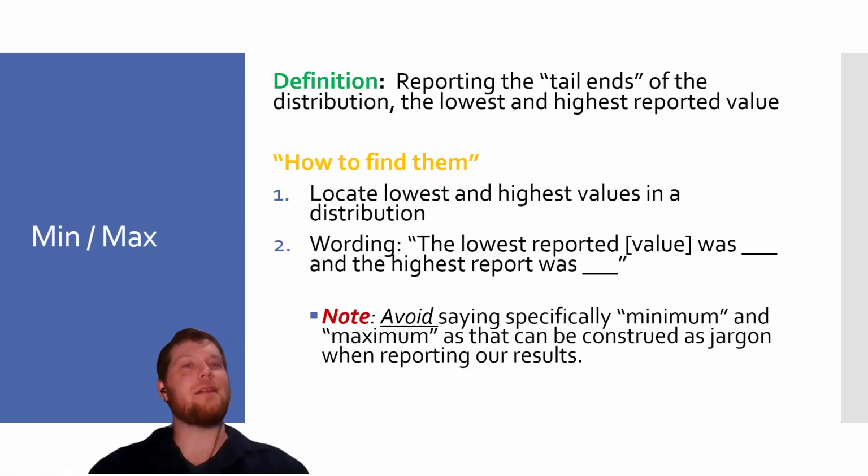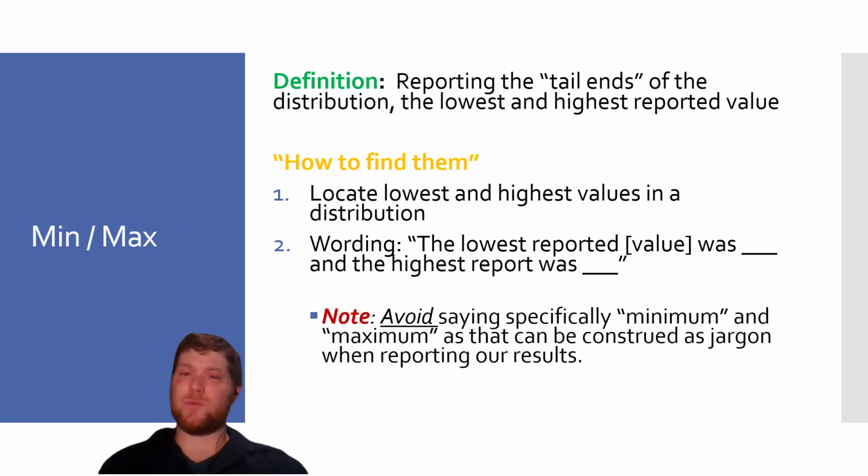Now, reporting the tail ends of the distribution, the lowest and the highest reported values, these are the minimum and the maximum. Usually, the lowest reported value is blank, the highest reported value is blank. I typically urge you all, pull out your thesaurus, pull out that brilliant brain of yours, and think of a way to describe them.